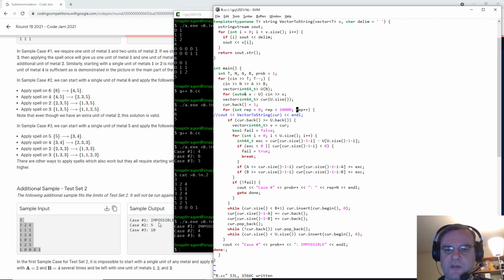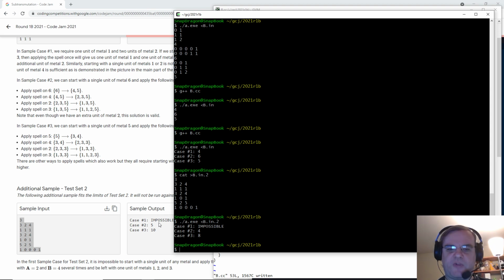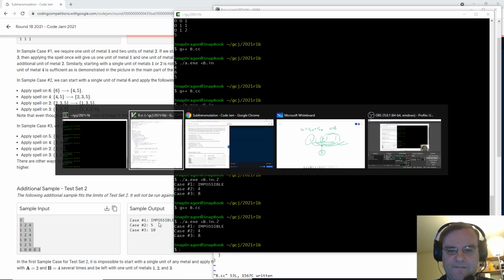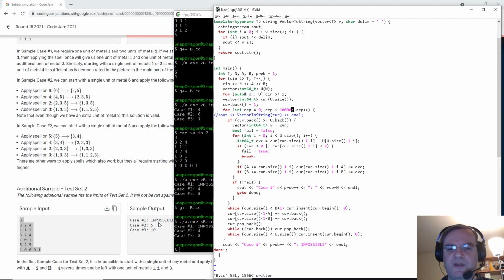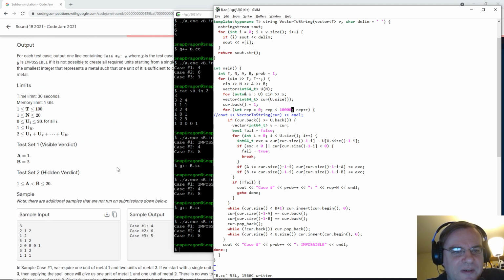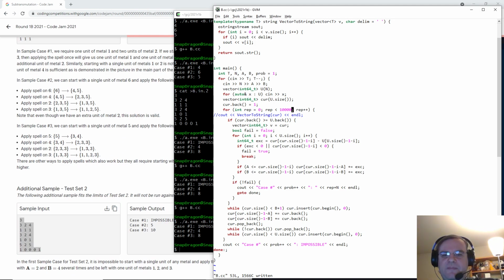At least that runs really quickly. In fact, I could probably just add a 0 to that. Yeah, actually, I'm a little worried about runtime for 100 cases. There are 100 cases, right? Yep, 100 cases. Okay, well, back to debugging.